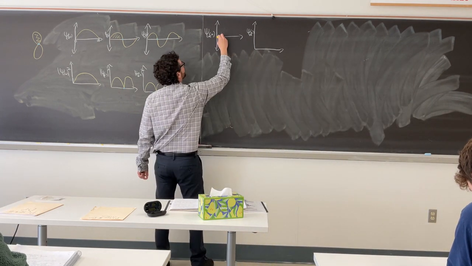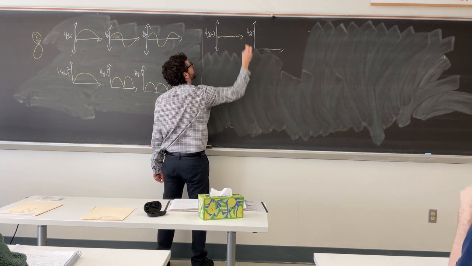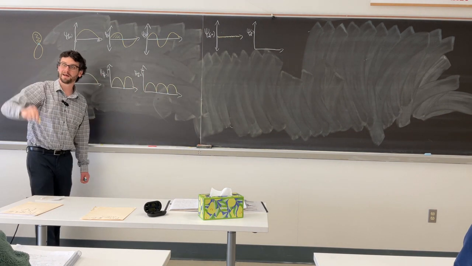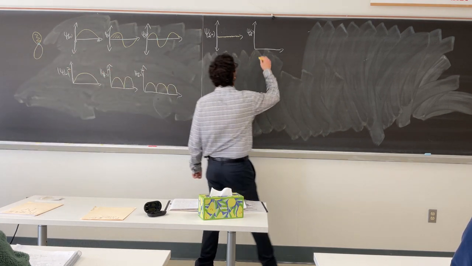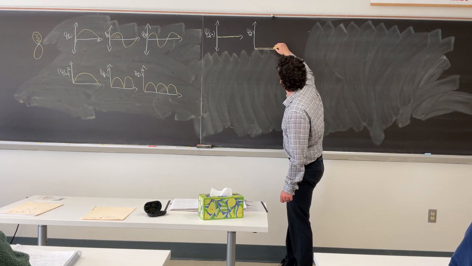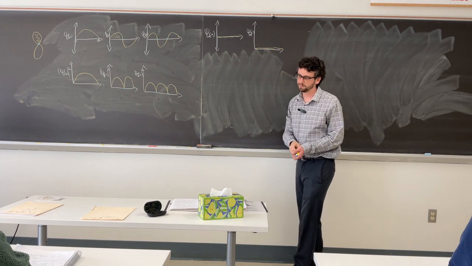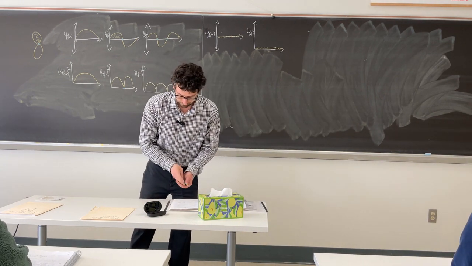Yeah, really tiny, up, down, up, down, up, down, and a lot of wiggles in there, right? And then what will the probability look like? Yeah. Okay. So we described that a little bit.